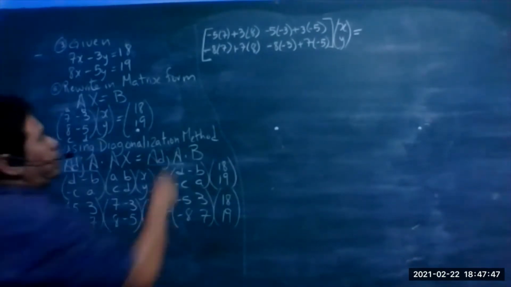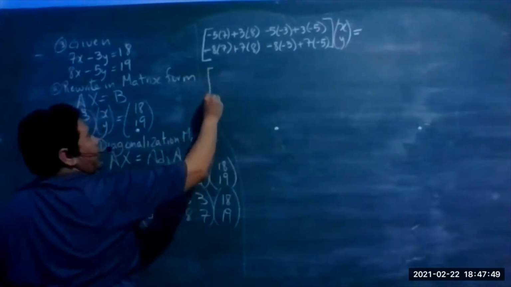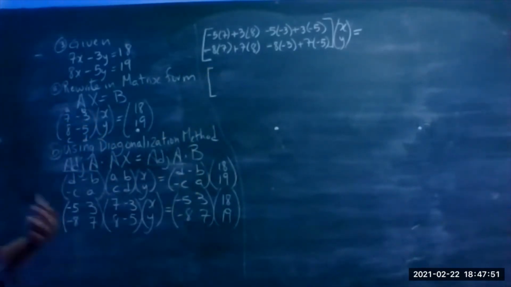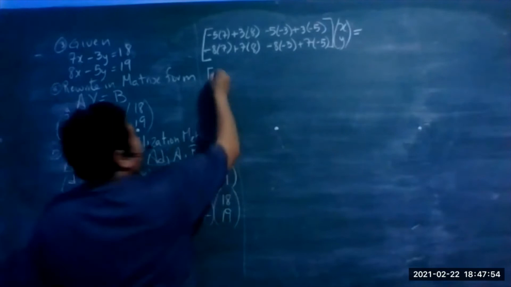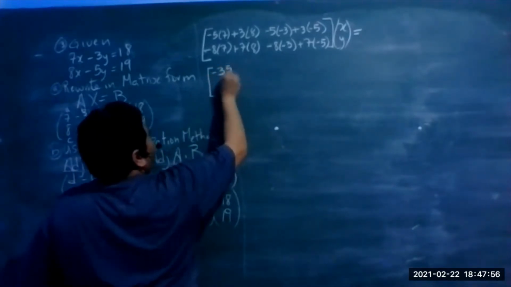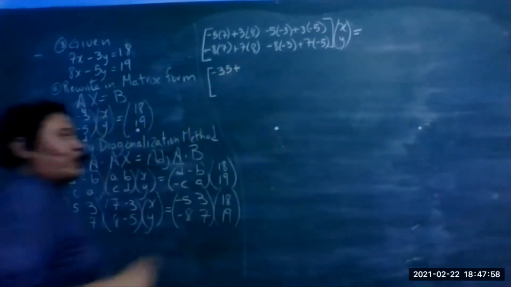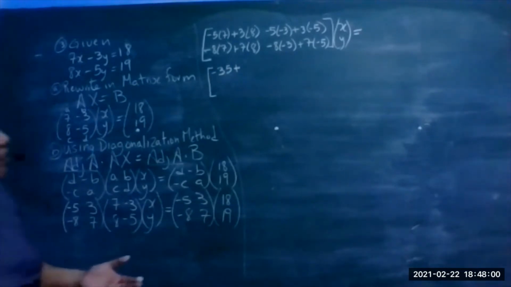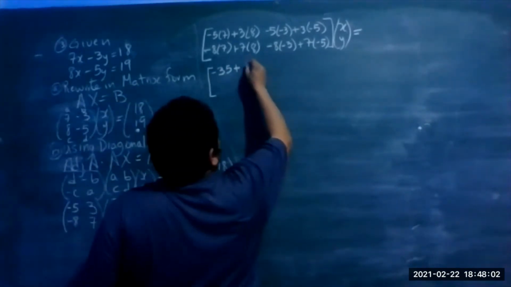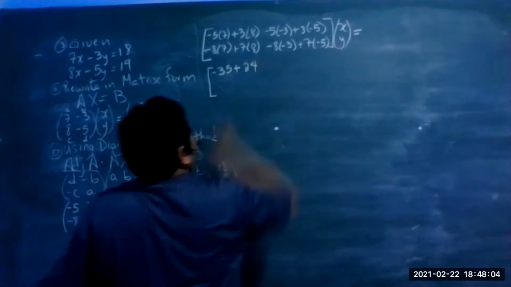So, next step, 7 times 5 is 35, but I need a negative, so -35 plus 3 times 8 is 24.